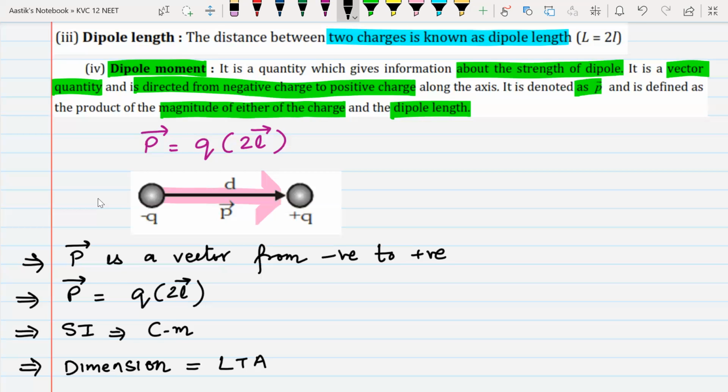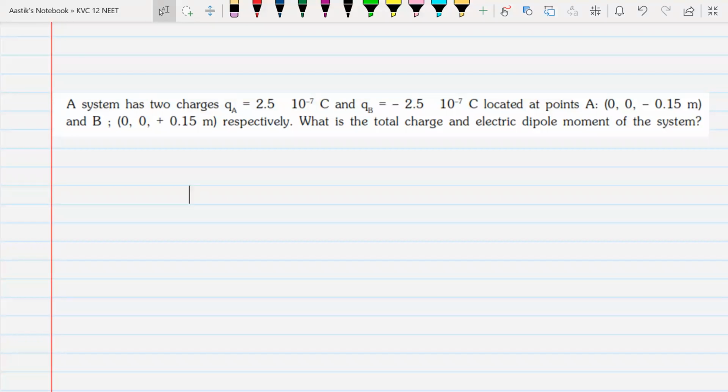Finished? Okay. Then this is a question coming for you. I hope you can read this question, tell me the answer, and then we can move ahead. A system has two charges.